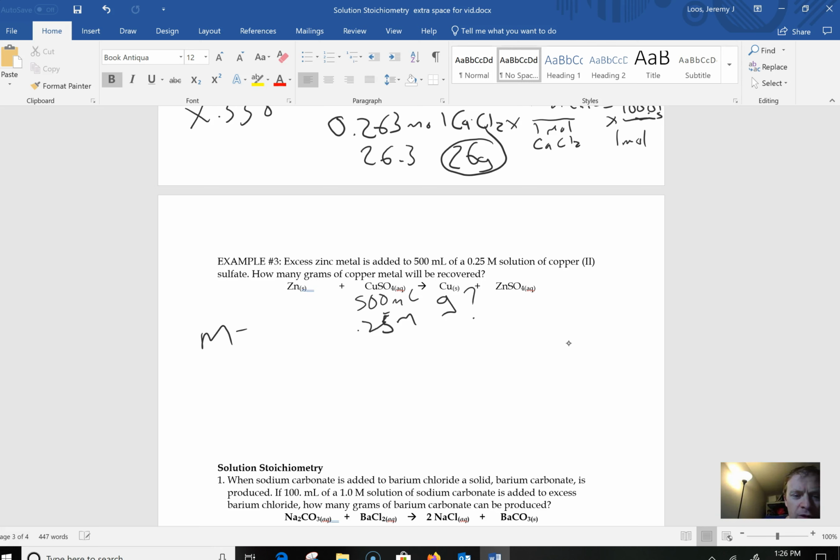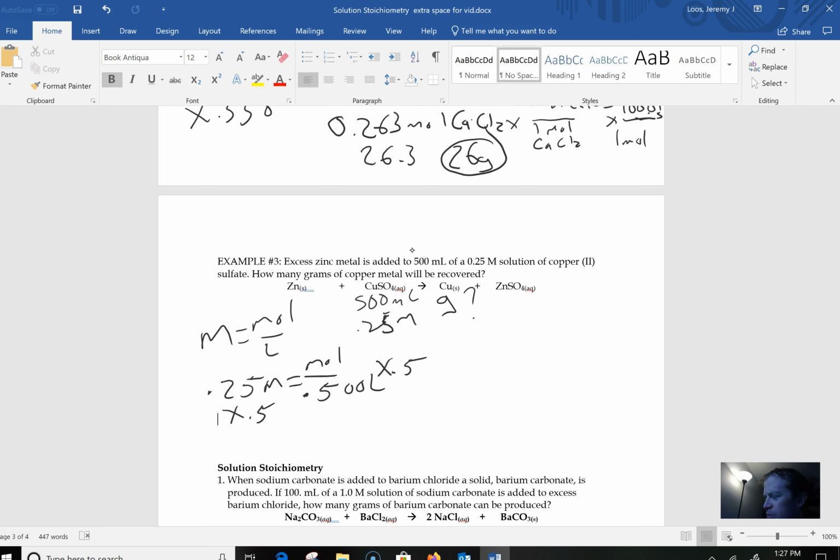Instead, I'm going to use the molarity equation. I'm going to put in the molarity, which is 0.25. I'm going to solve for moles. This needs to be converted to liters by moving a decimal 3 times, so that's 0.500 liters. And solve for moles by multiplying both sides by 0.5.